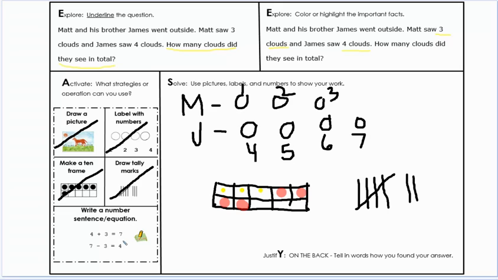And then for our final strategy, of course, is an equation, okay? So we look at both numbers, okay? So the first number was 3. And for this one, we didn't take away, so we didn't subtract. We put them all together, we added, so we used the plus sign symbol, 4, okay?